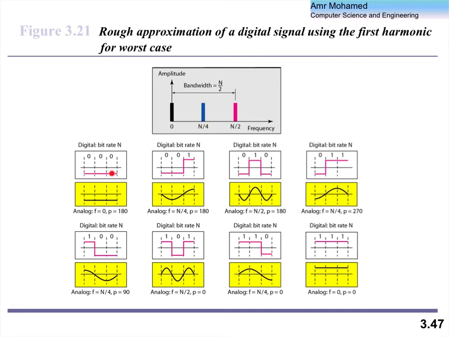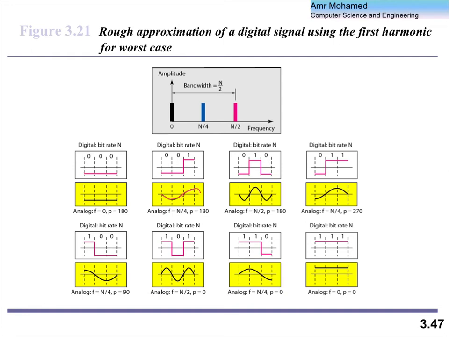Yes. I can use one sine wave with frequency 0 to represent 000. If I have 001, I can use an incomplete sine wave like this. And even if it's 4 bits, I can still do that. So this sine wave is one single sine wave representing the 3 zeros. How come?